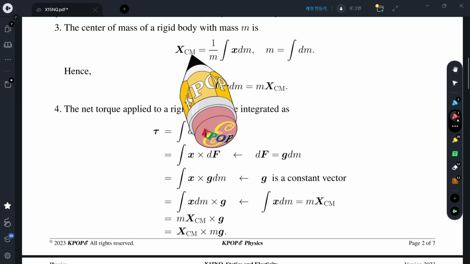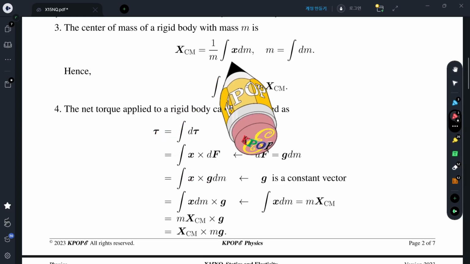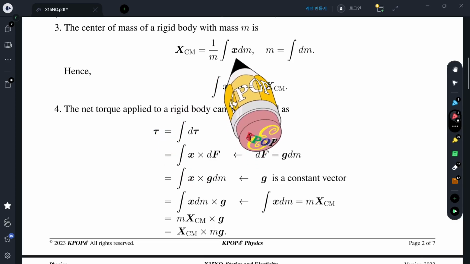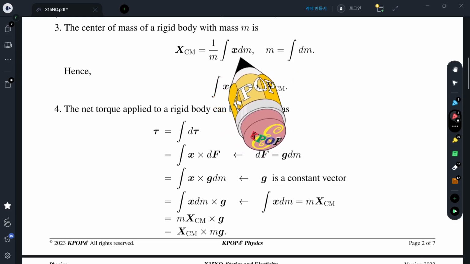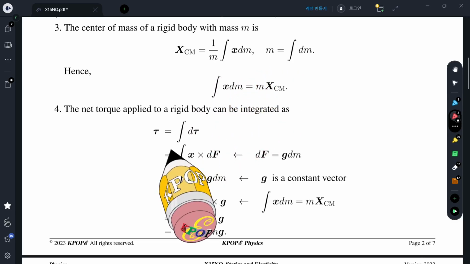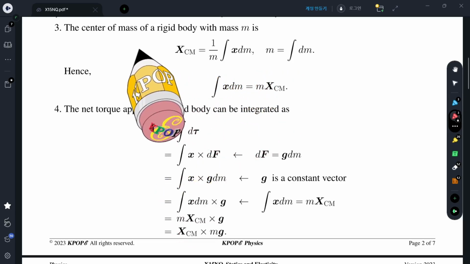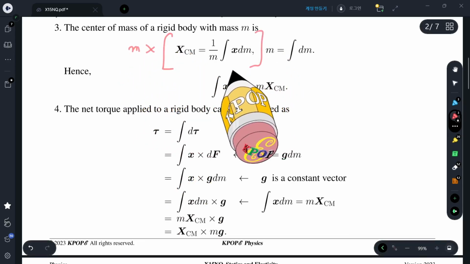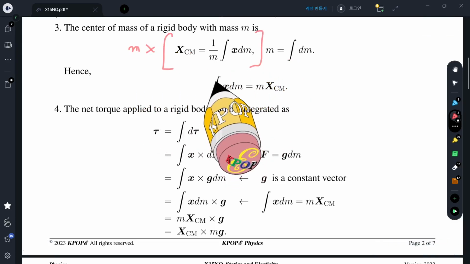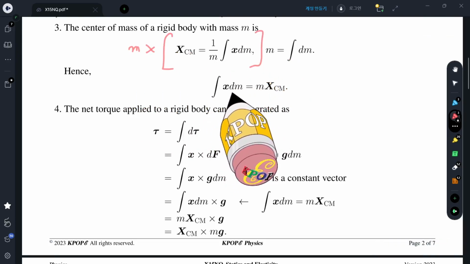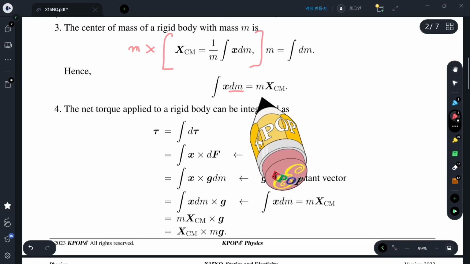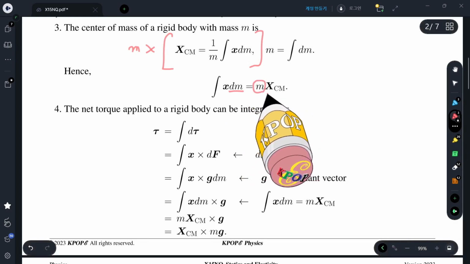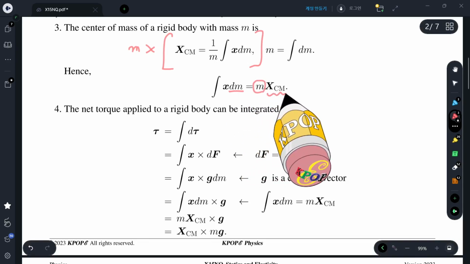So the center of mass is the weighted average of the position vector with the weighting factor mass. Let's see, if I multiply both sides by the total mass, what I obtain is that the integral of x over mass is the total mass multiplied by the center of mass.